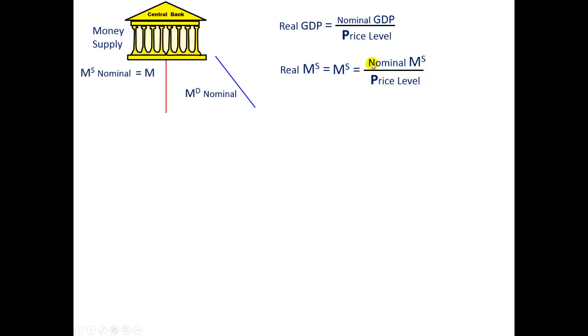If you divide it by the price level, you get the real macroeconomic concept that is not affected by inflation. And then we will refer to that as GDP in real terms or money supply in real terms. Nominal money supply we denoted by M, and price level we denoted by P.